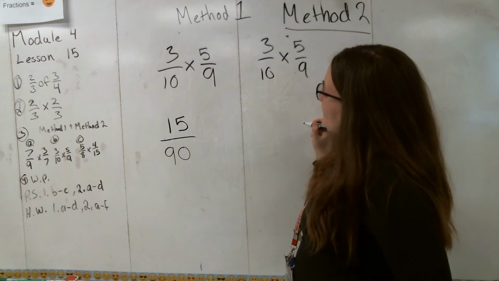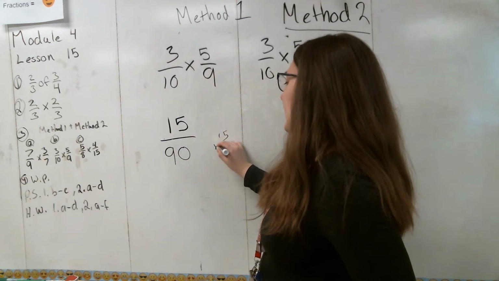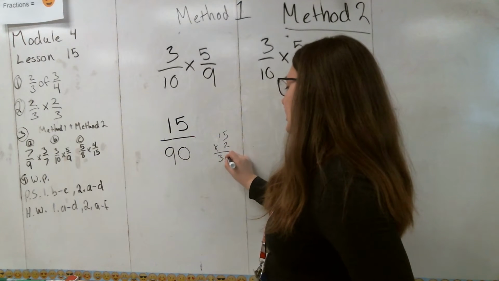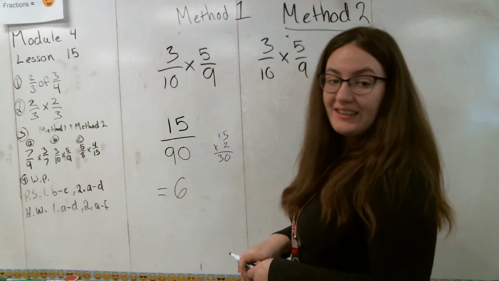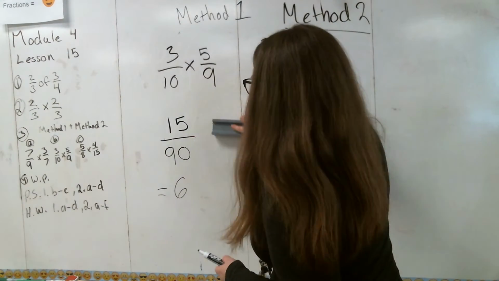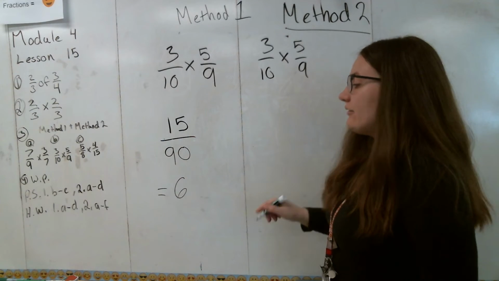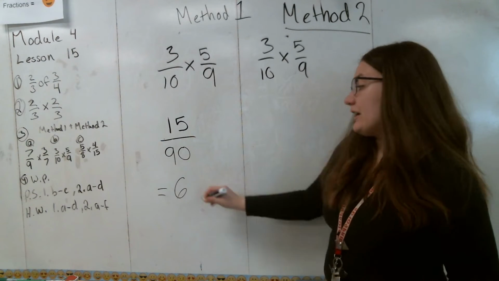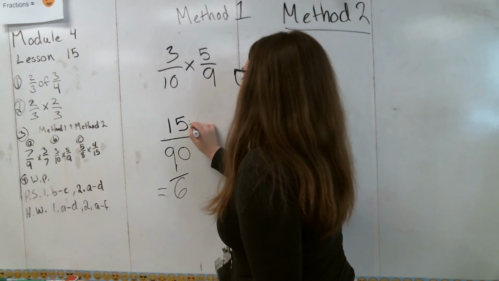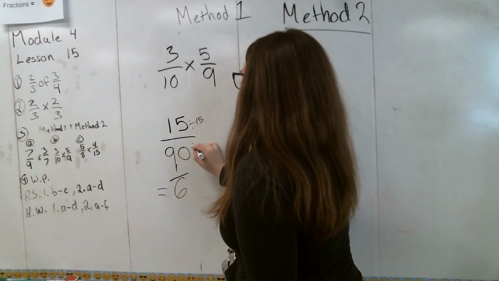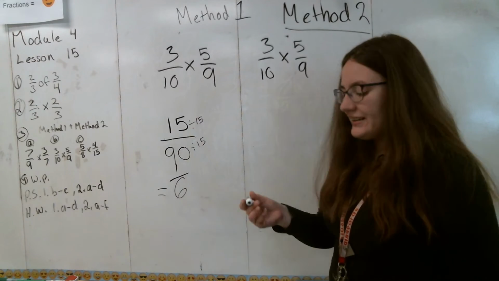I know that 15 times 2 is 30. So then 15 times, it would be 6. So I have to use a little bit of that number sense to help me out with that one. But I would get 1/6 as my answer for this problem, because I could do 15 divided by 15 and then 90 divided by 15 and get a final answer of 1/6.